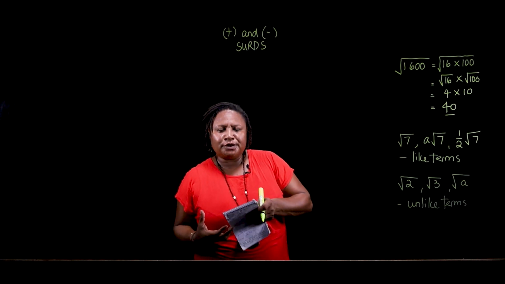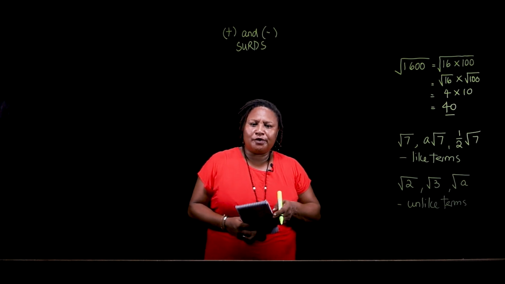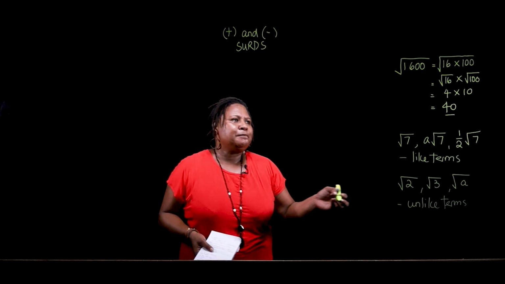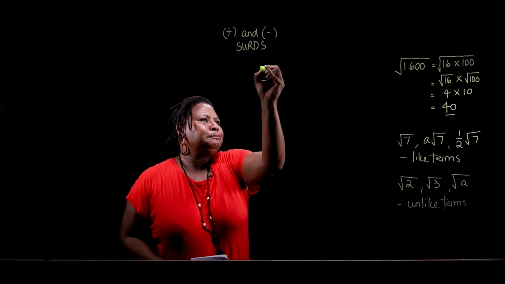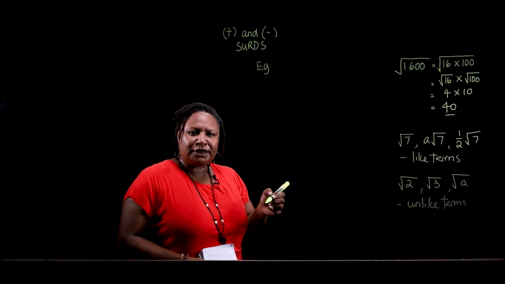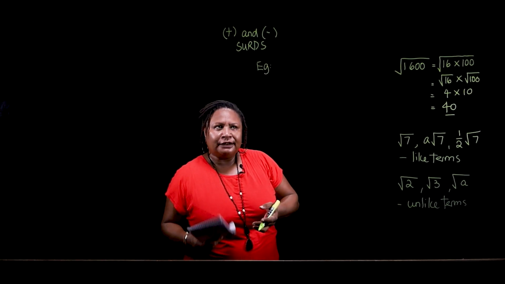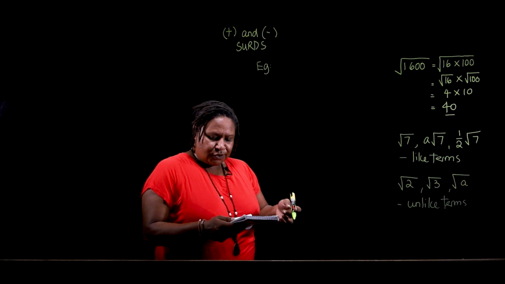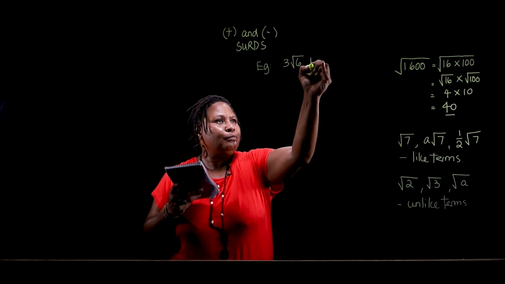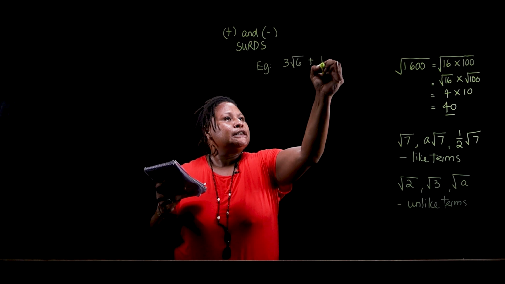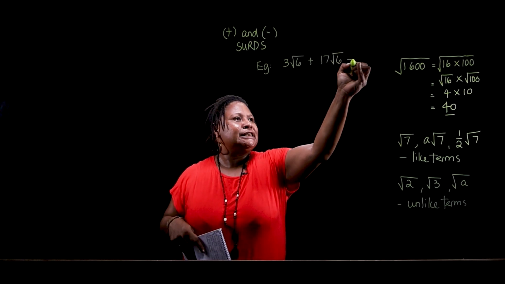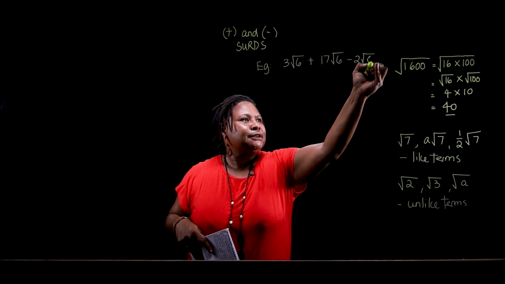Now we're going to use an example to show how we add and subtract like terms. Example number 1, we'll start with an easy one and then move into trickier examples. Let's look at 3 root 6 plus 17 root 6 minus 2 root 6.